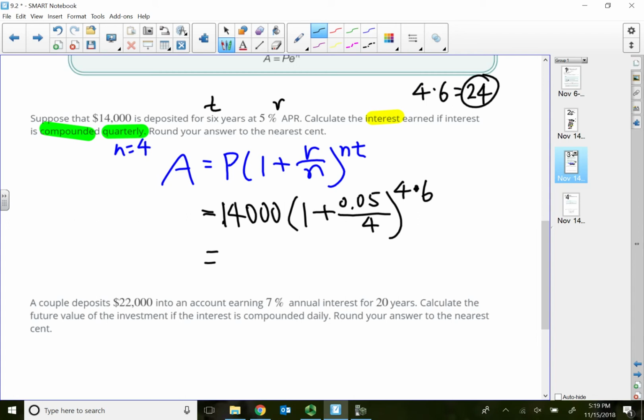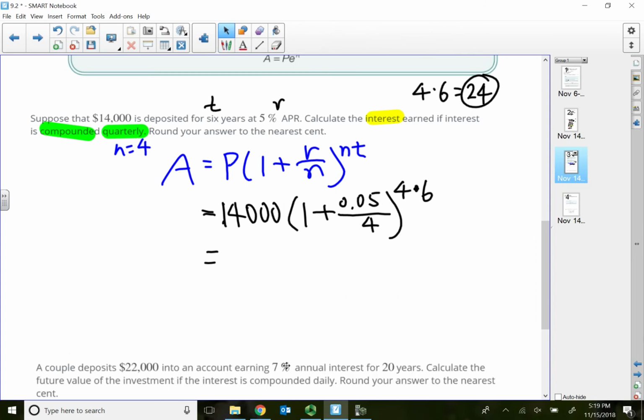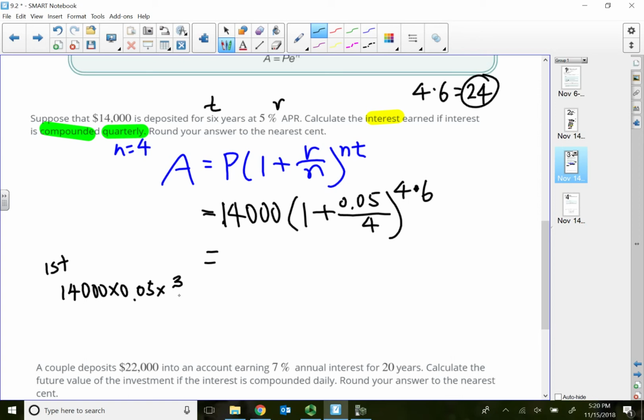So basically, let me write it down here just a couple of times. First year, we will compound 4 times. The very first time we compound, that's taking $14,000 using the simple interest formula times 0.05 times 1 over 4. 4 times in a year means every 3 months out of 12 months.